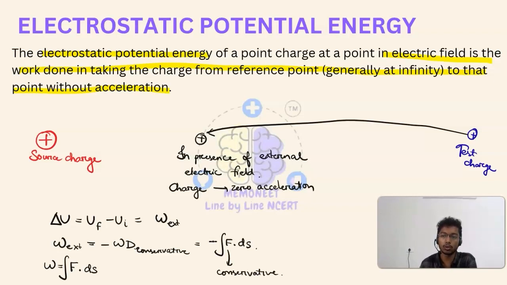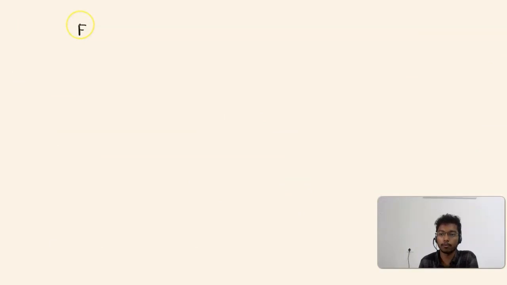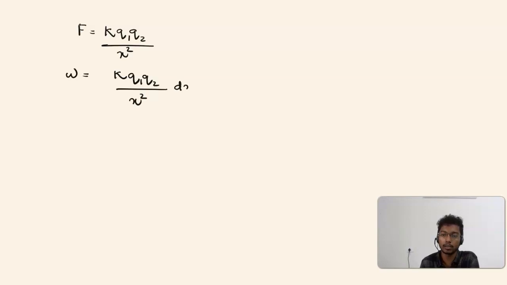So the force is equal to k q1 q2 upon x square. So what will be the work done? W is equal to the integral of k q1 q2 upon x square dx.